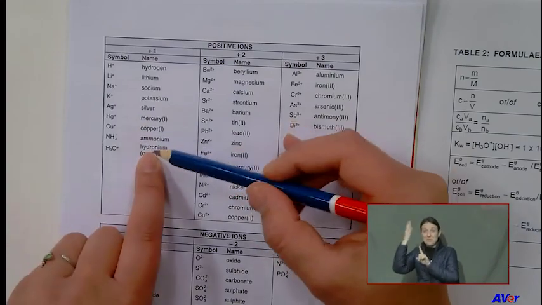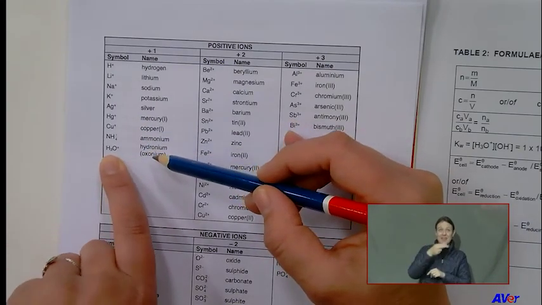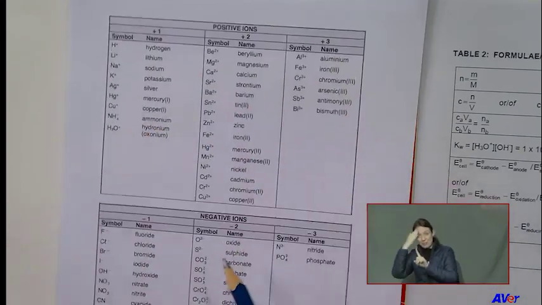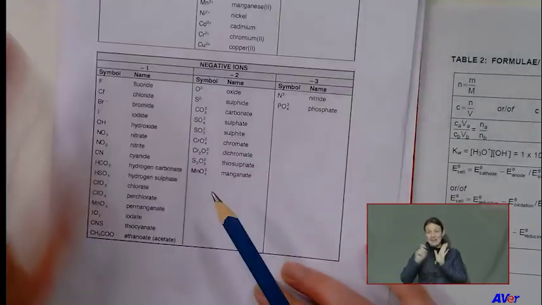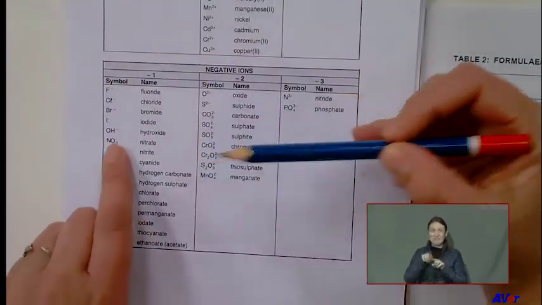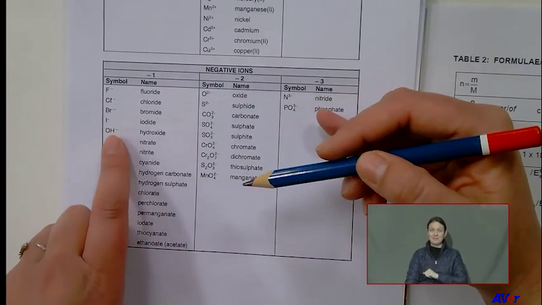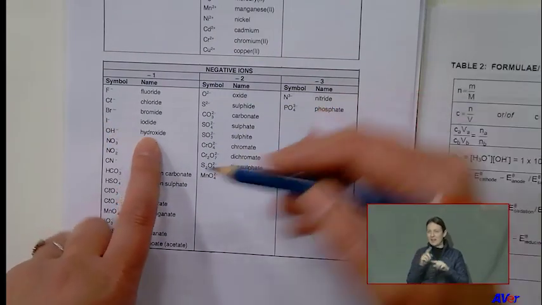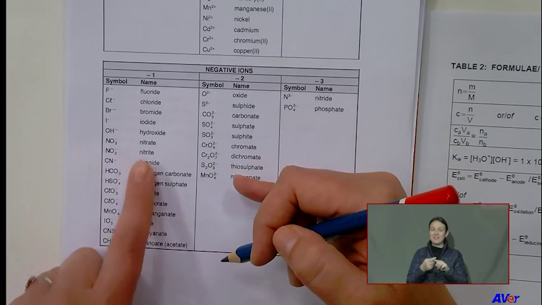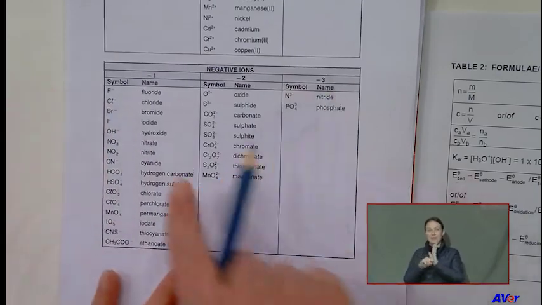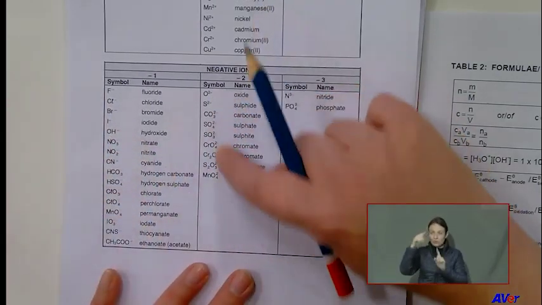And hydronium is H3O+. And then when you get to the negative polyatomic ions, we have hydroxide, which is OH negative, hydroxide. You have nitrate, nitrite, etc. So there we have all our polyatomic ions.